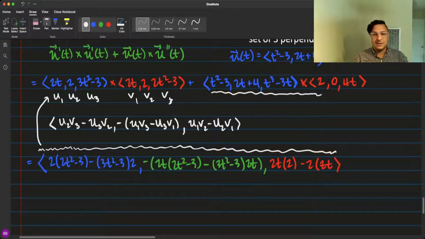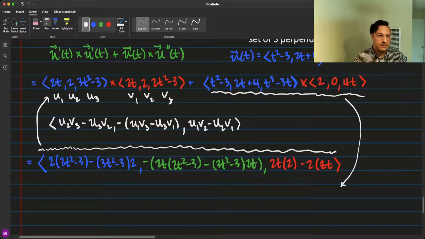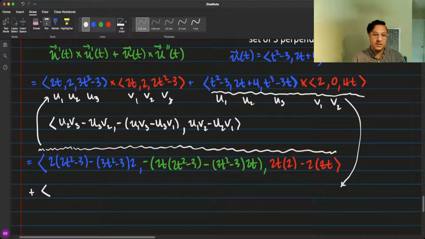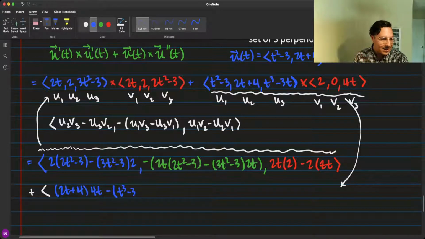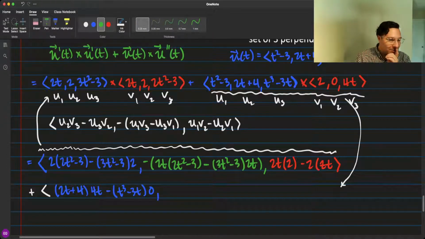Now I need to calculate this cross product. So plus. Okay, let's name everything U1, U2, U3, V1, V2, V3. Okay, here we go. So U2 is 2t plus 4 times V3, which is 4t, minus U3, which is t cubed minus 3t, times V2, which is 0. Yay, that's going to make that one easier because this term will just go away.